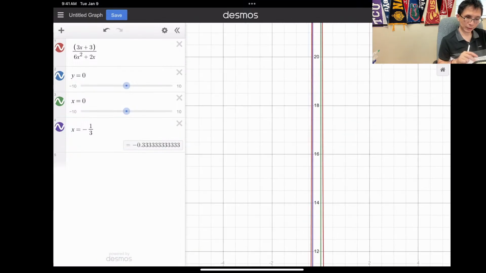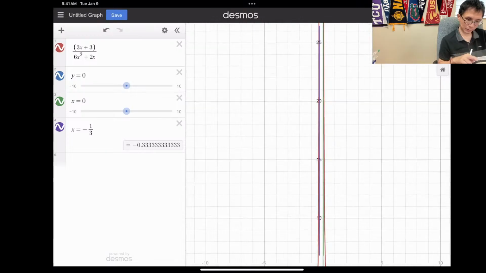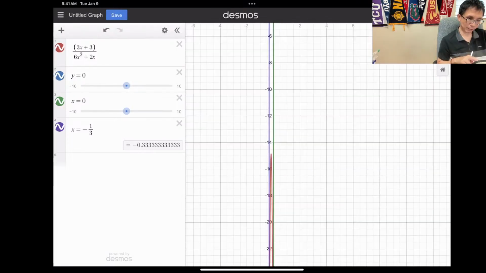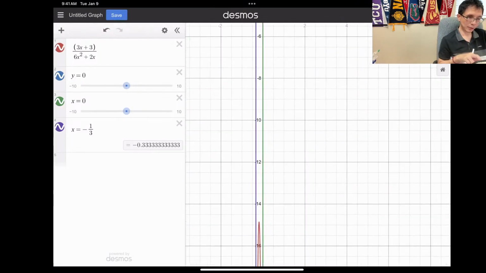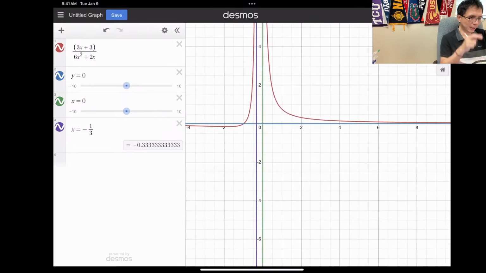Then there's a graph in between though. So there are two asymptotes, right? And you're going to say, wait, with a vertical asymptote, they never reach that value. Never ever reach that value.